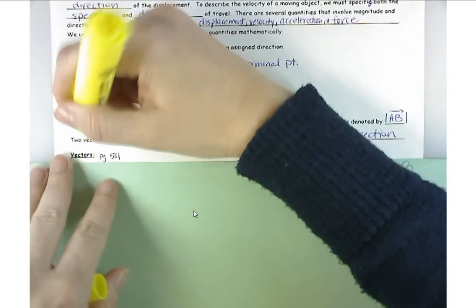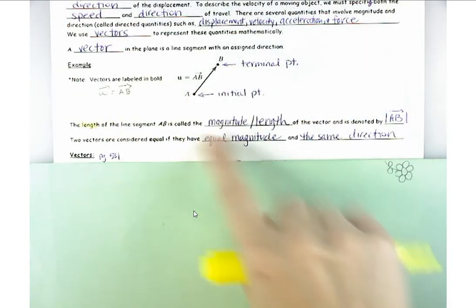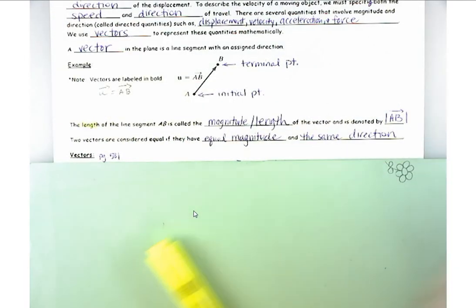Notice here that the length of the segment AB is called the magnitude, or it could be called the length of the vector.